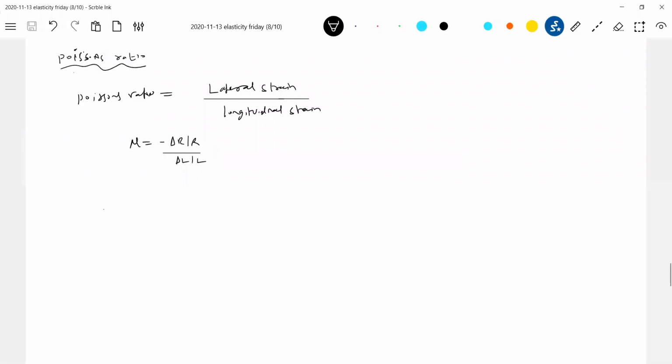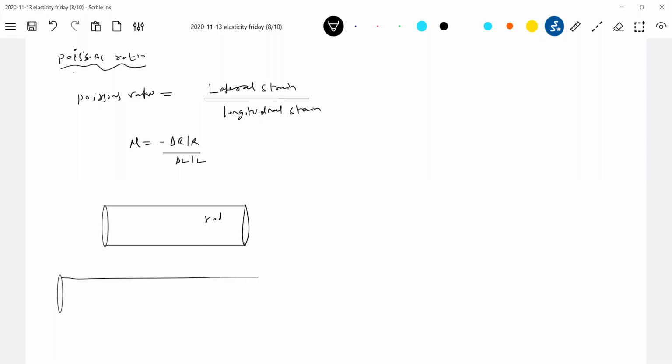So if you look at the pipe, okay, there's a rod. Basically, it's a rod. Now I'll increase its length. If I increase its length, definitely what do I expect? Are you seeing this?